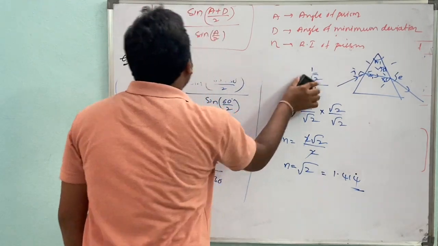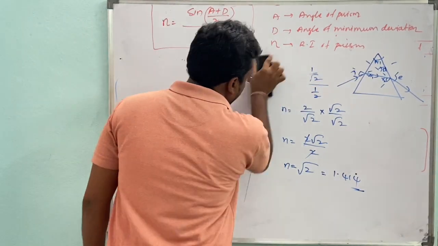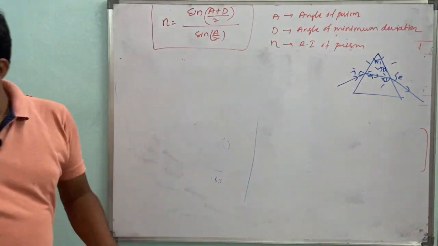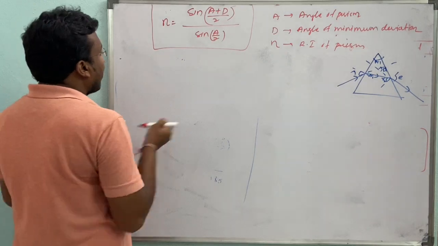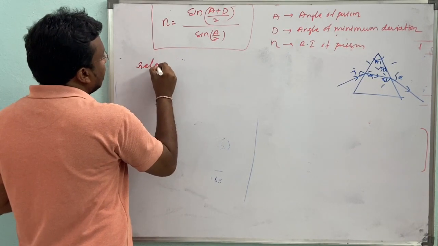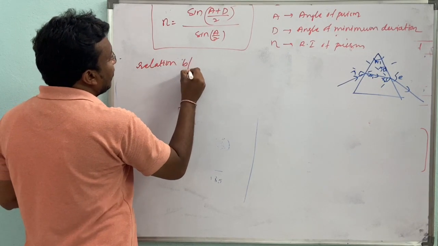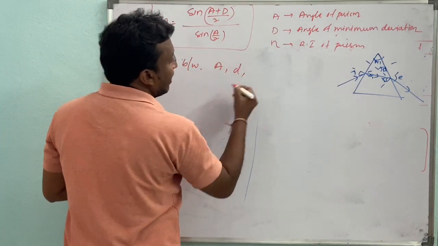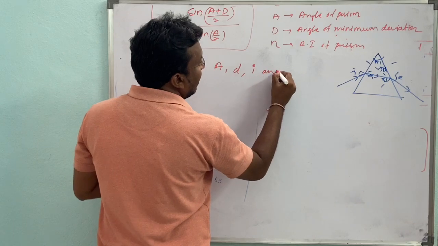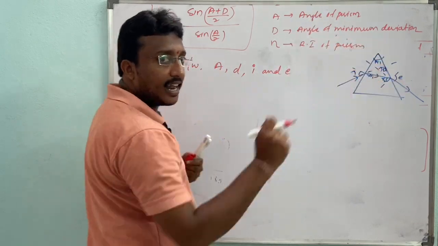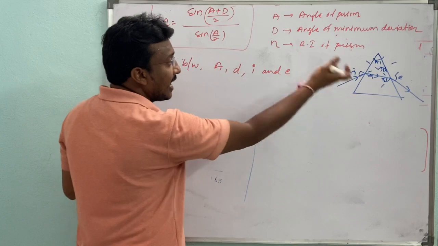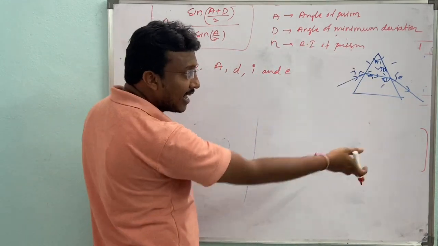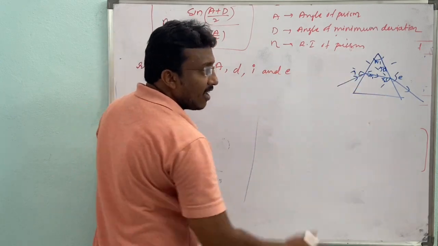What is A, D, I, E, right? Here we have a relation between A, D, I and E. A means angle of prism, D means angle of deviation, I means angle of incidence, E means angle of emergent.